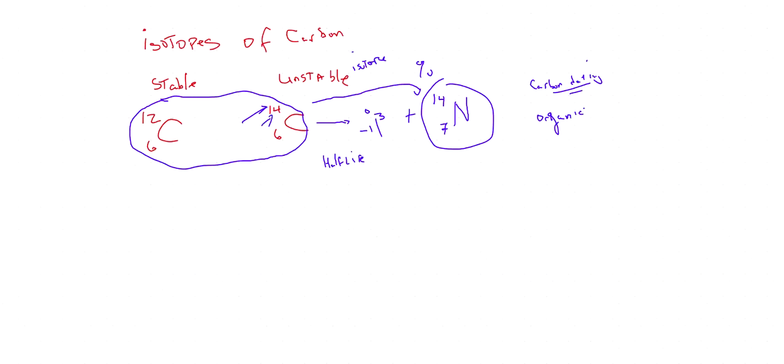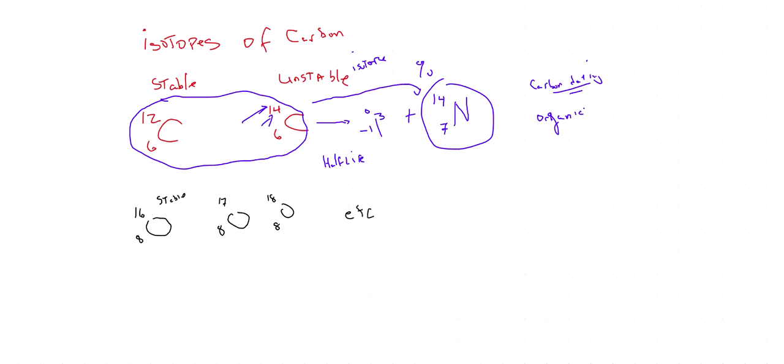Now, in our bodies we have things like oxygen. Oxygen has 8 protons and 8 neutrons. That's stable. But you can have unstable oxygen with oxygen-17 or oxygen-18.